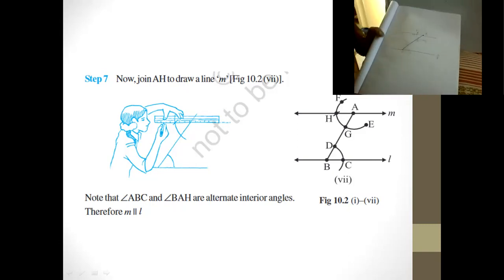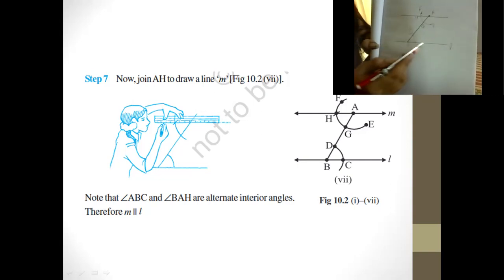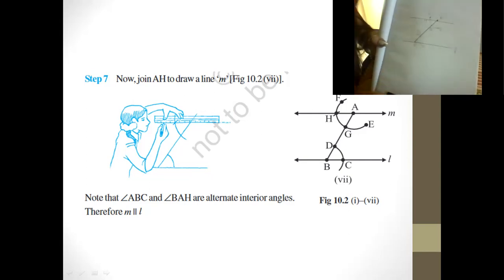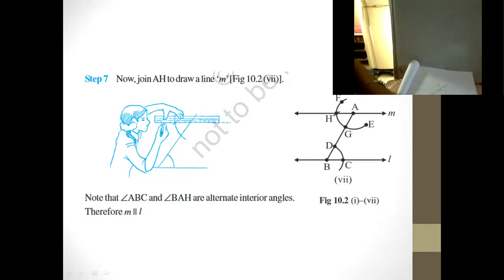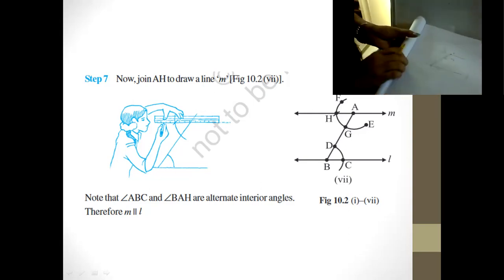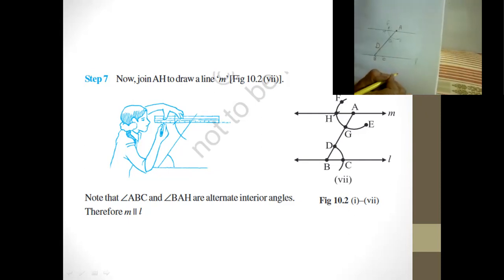Yes. What you can see is angle ABC, draw it with a sketch for better understanding. Angle ABC and angle BAH, that is B, A and H, this angle and this angle are alternate interior angles.